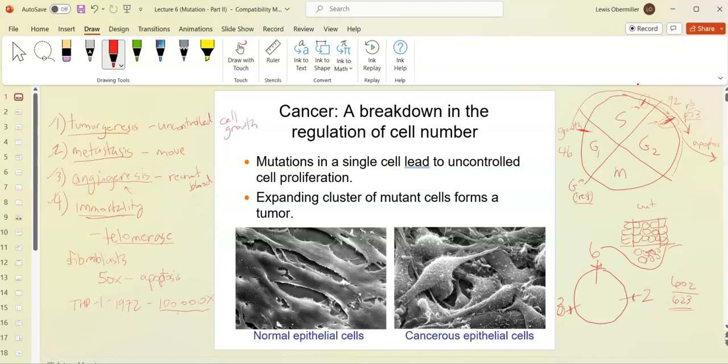If it's fine, then these proteins direct it to M phase, where it completes the cell cycle and then makes two new daughter cells. So cancer is generally due to irregularities in the cell cycle, and we're going to talk about that.